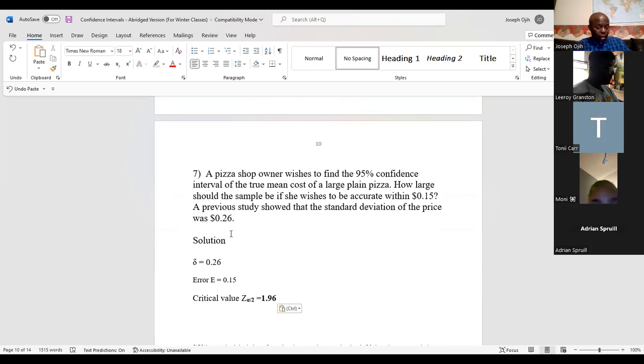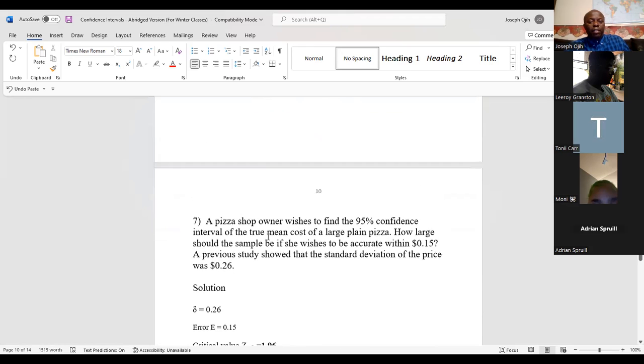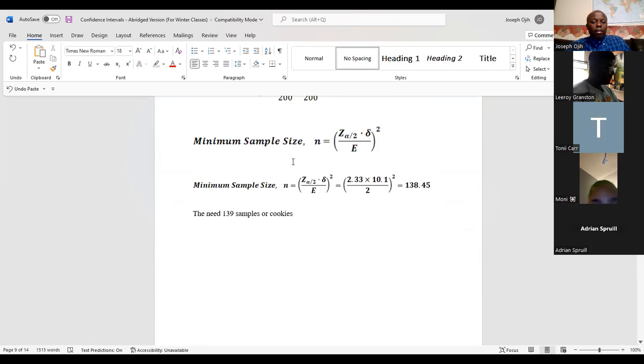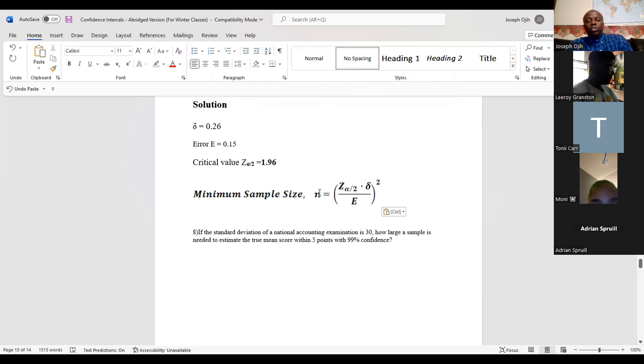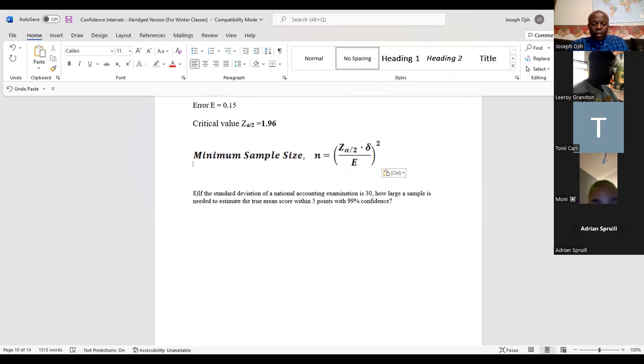We have sigma 0.26, error 0.15, Z alpha over 2 is 1.96. Remember that the formula is this one here. We'll copy it and paste it here so we can plug these numbers in and get our answer right away.